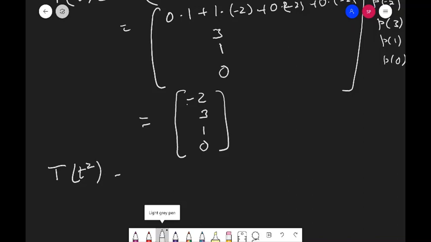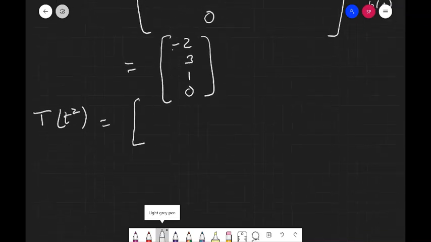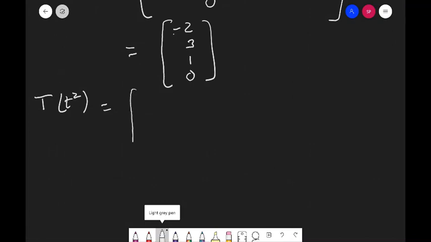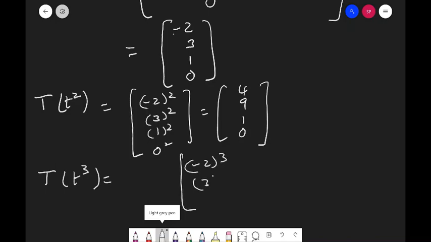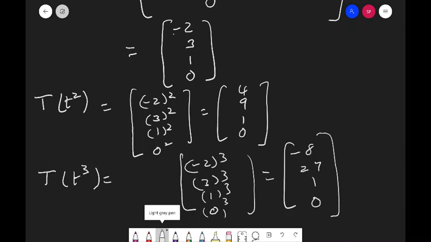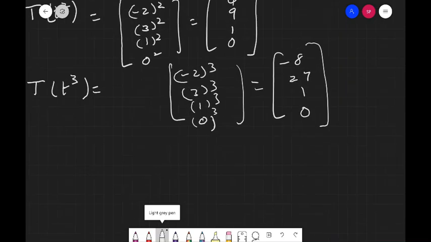So T of t square. Directly I will say here that T of t square is minus 2 whole square, 3 square, 1 square, 0 square, which is equal to 4, 9, 1, 0. And the next one is T of t cube, which is equal to again minus 2 whole cube, 3 whole cube, 1 whole cube and 0 whole cube, which is equal to minus 8, 27, 1 and 0. So now I have all these.